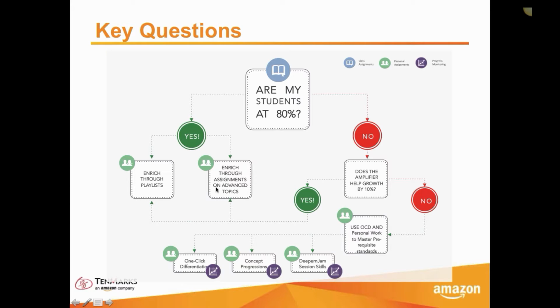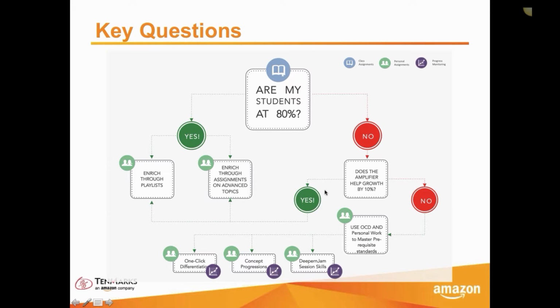You can either move your whole class into the next topic, or if you have just a few students who are at mastery, you can also use individual work to give them additional acceleration on the next in the progression of topics. But we're going to look a little more closely at what happens if the answer is no. If my students are under 80%, then they're always going to get that amplifier.